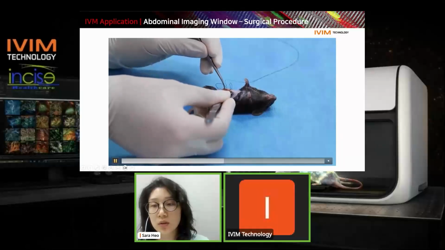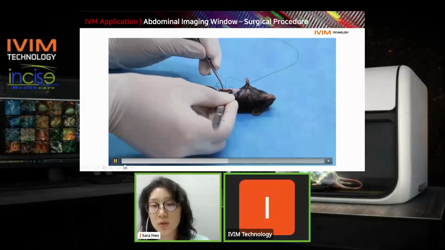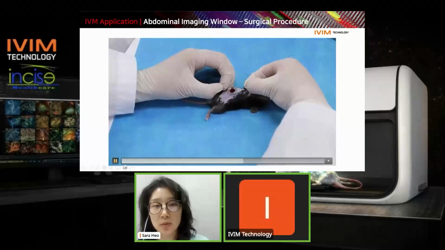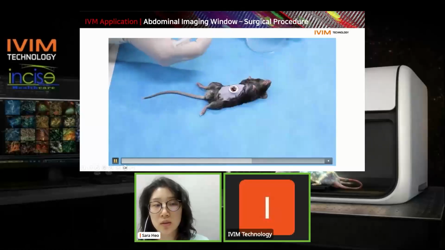Once the surgery is complete, the abdominal imaging window is placed on the incision with the membrane like that. The membrane and skin are tucked into the window. This is tightened and secured on the abdomen like that. Now the window is held in place.